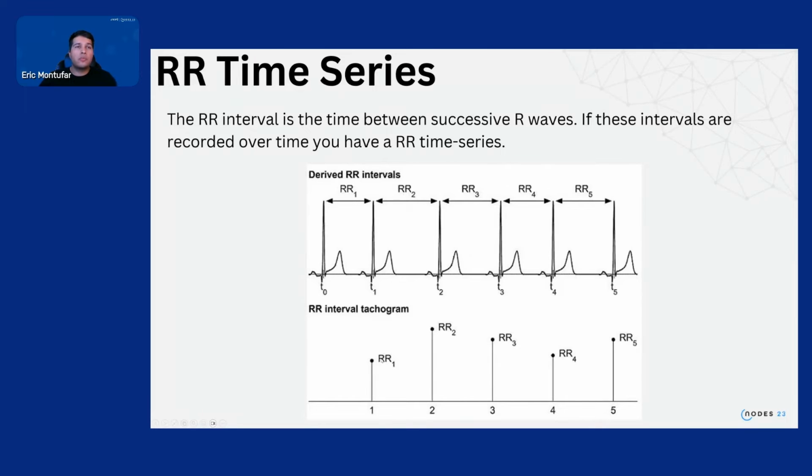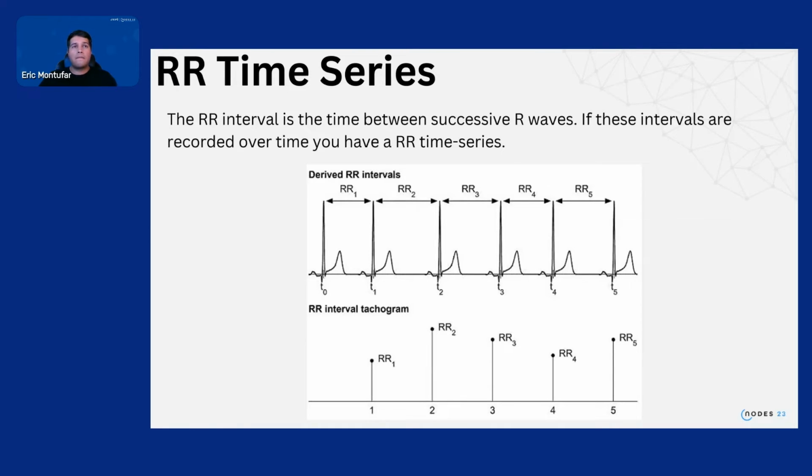So this first point here, the one below, represents the interval between T0 and T1, and RR2 represents the interval between T1 and T2, and so on. So we go from one time series to another. And these RR time series are really insightful, and they are used in order to determine some health conditions.